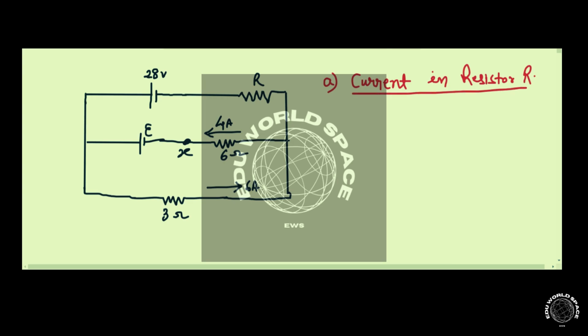So for this, what we can observe is that this 6 ampere current is coming over here in this direction. 4 ampere is going away from this junction. Let us take this junction J. So this is 4 ampere current, and the current that will be flowing through this resistor R, for this current we will apply Kirchhoff's current law.